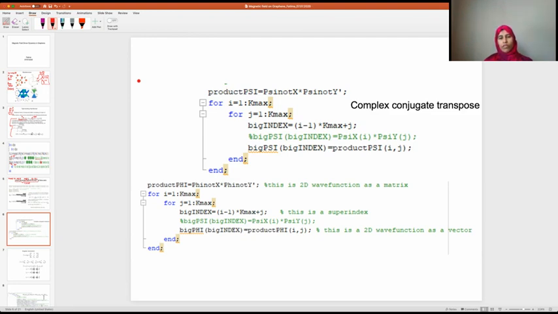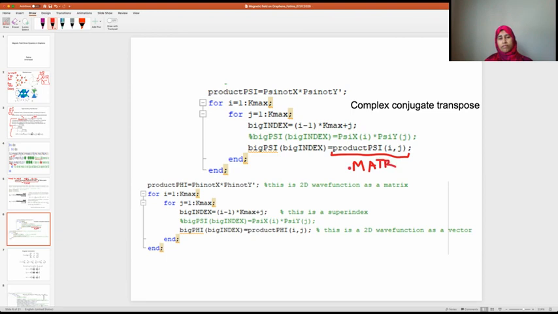Then in the next MATLAB loop, we converted the wave function matrix to a vector wave function, since it is convenient to display the wave function as a vector.